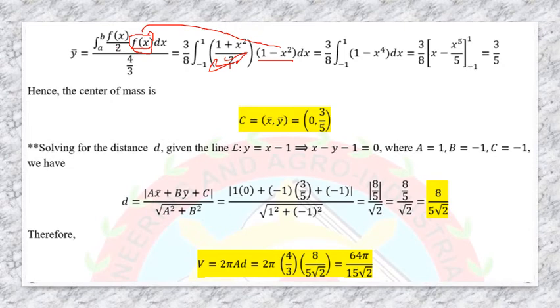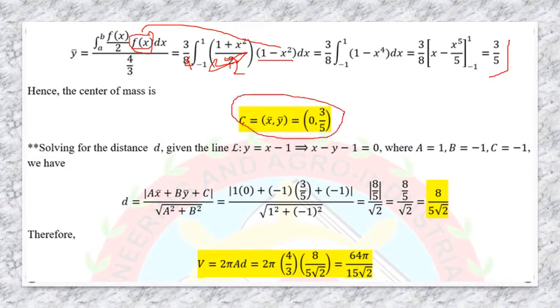Kung 3 over 4 ito, class, of course, kasali dito si 2. So, parehas lang, 3 over 8, pinactor out na si 1/2. So, we have 1 plus x squared times 1 minus x squared is 1 minus x to the power of 4 dx. So, evaluate natin ito. We get 3 over 5. Hence, the center of mass is 0 and 3 over 5.